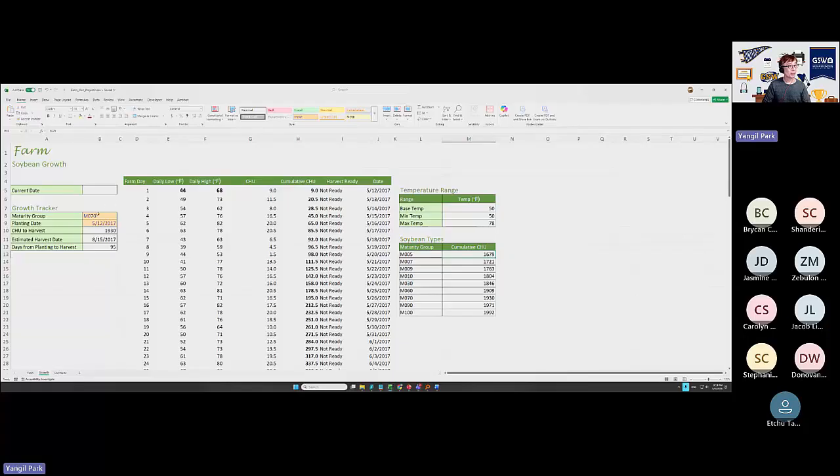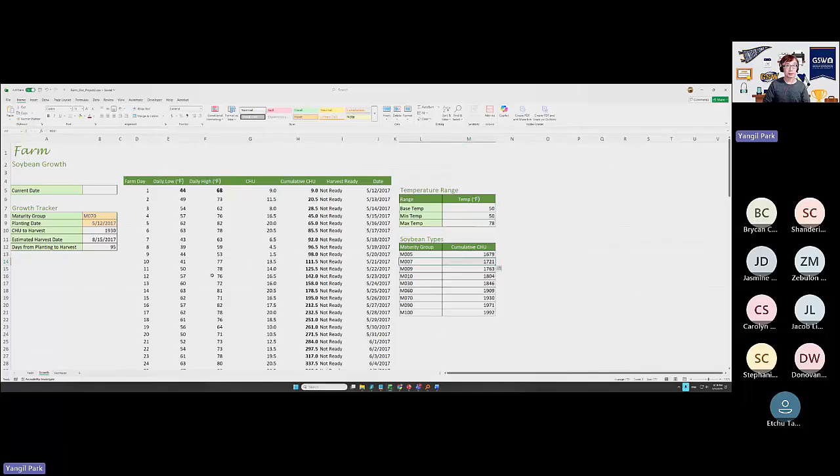Because we have M070 right here, the CHU number must be 1,721. That's the minimum number. Afterwards you can go ahead and harvest.